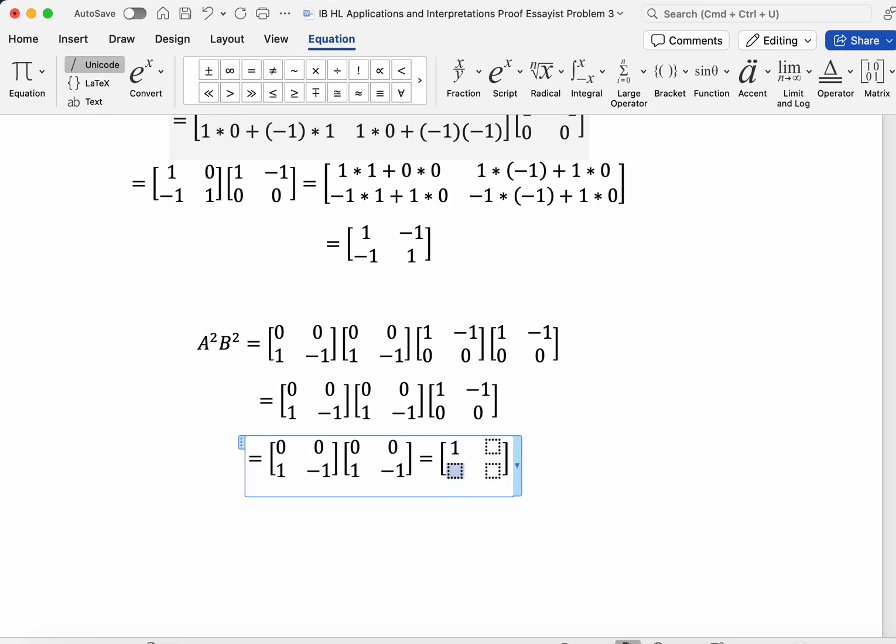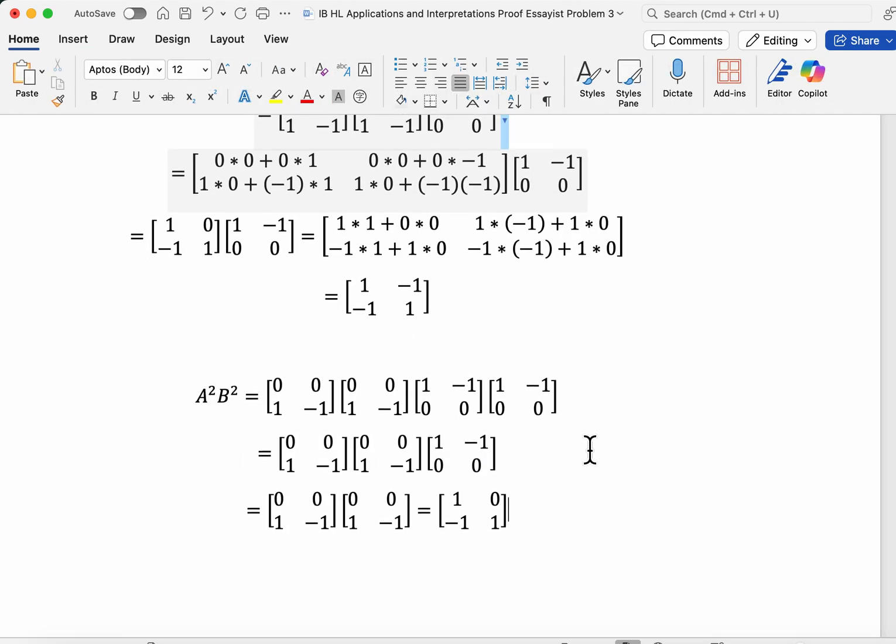No. No. God dang, what was it? Oh, sorry. 1, negative 1, 0, 1. So it's basically almost this thing, except the top right corner, this entry is 0 instead of negative 1.